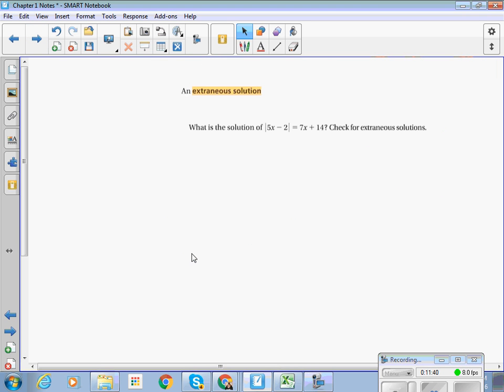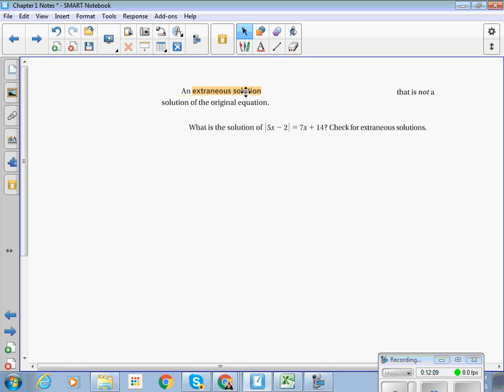All right. What happens when you guys got something crazy going on? You get an extraneous solution. An extraneous solution is a solution that is not a solution of the original equation. It's something your equation spits out at you, but it's not an actual solution because it doesn't work.